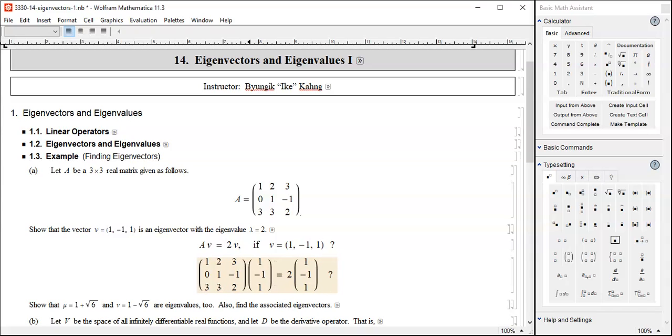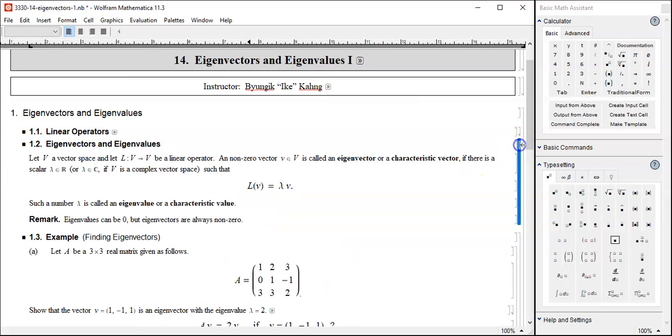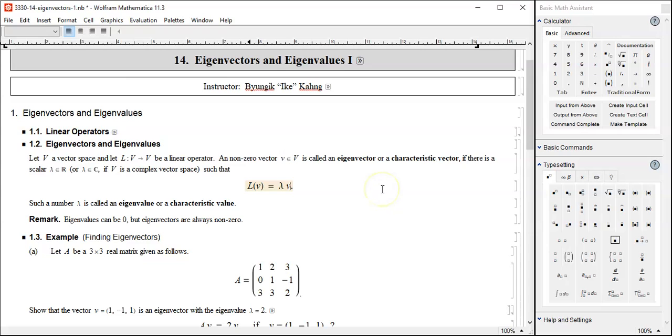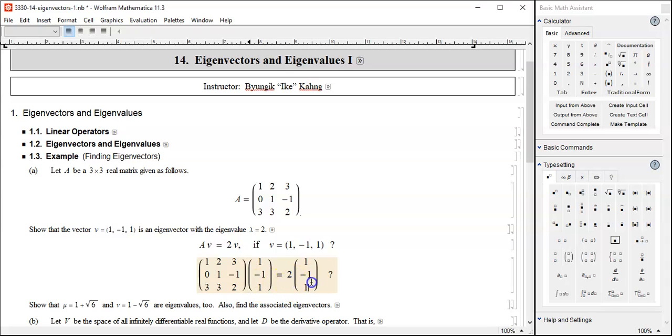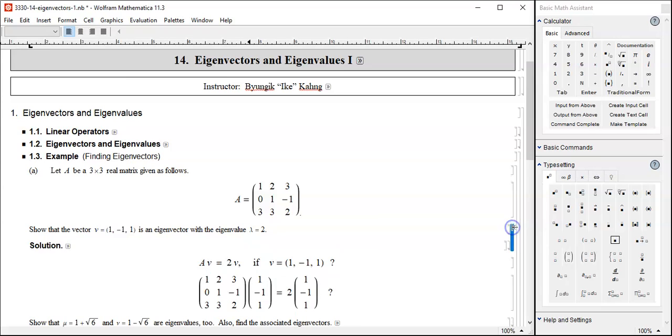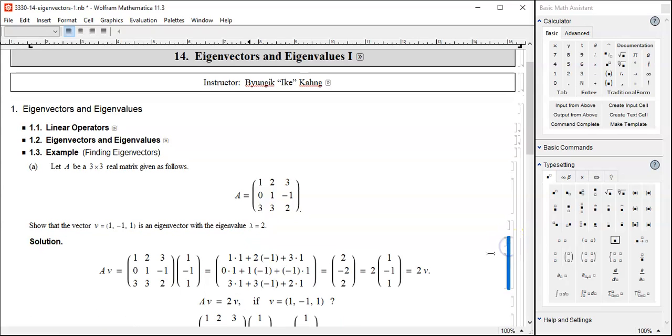This is what we have to establish here. See this? L of v is equal to lambda times v. Is it true? Let's check. It's not a difficult problem. Just do your computation.